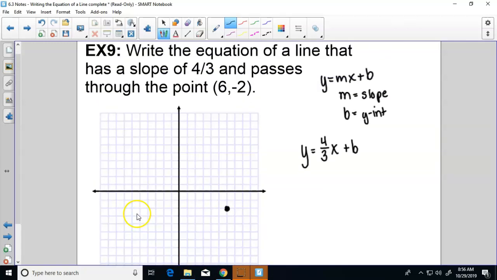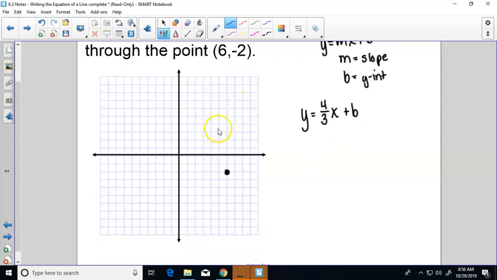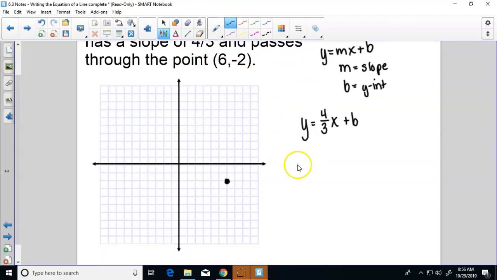For this problem, I've got a slope of 4/3 and the point (6, -2). So at whatever point I'm at on the line, I would go up 4 and over 3. That is not going to get me towards my y-intercept.